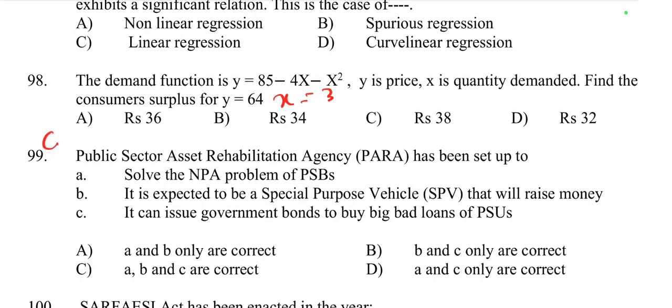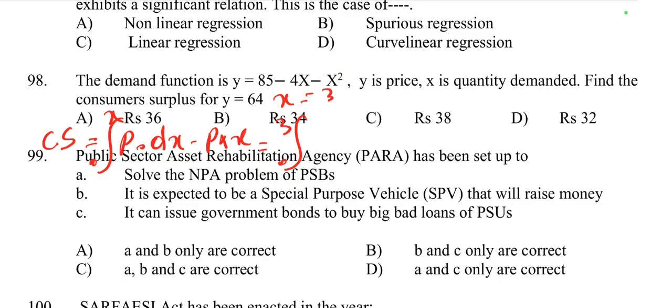Then the formula for consumer surplus is equal to the integration of p into dx minus p into x, with limits 0 to x. So here the integral is from 0 to 3.